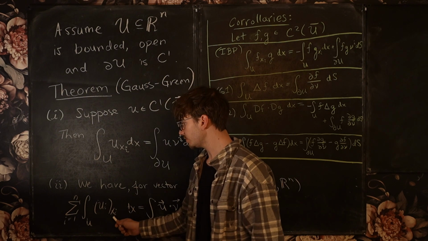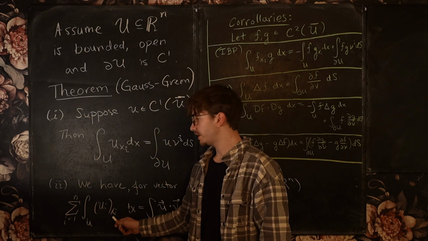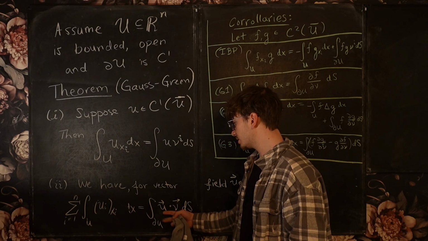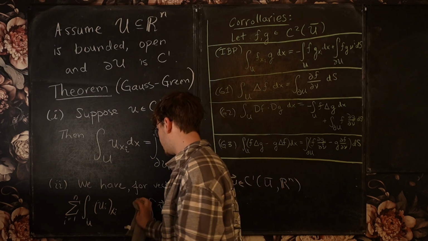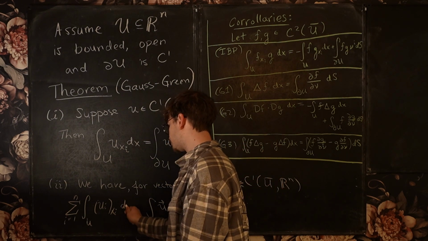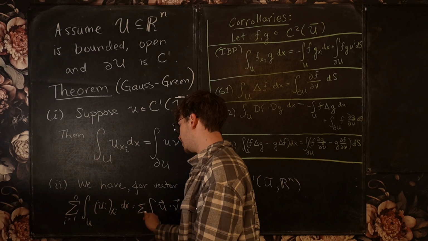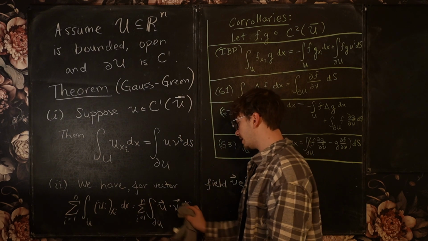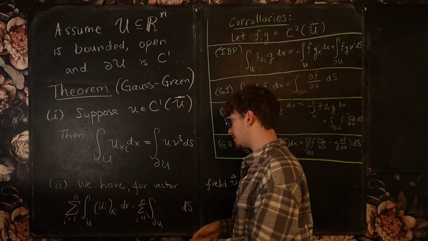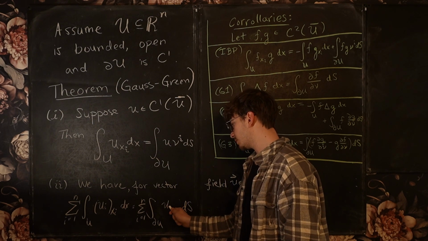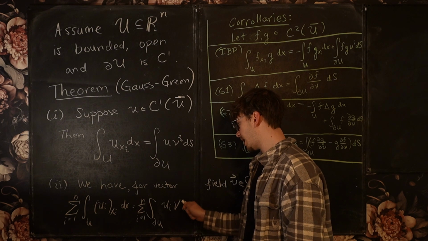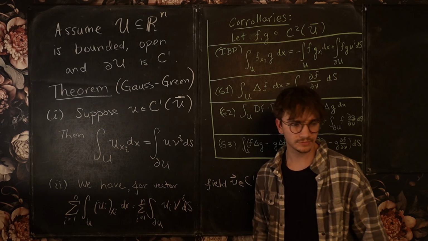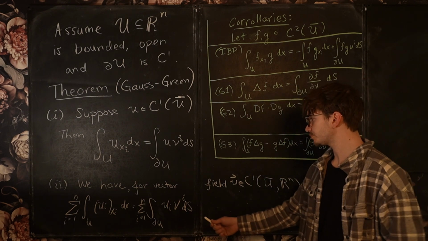And then this dot product is going to be the same summation from i equals 1 to n of the ith component of U multiplied by the ith component of the unit outward normal vector to the boundary of U.